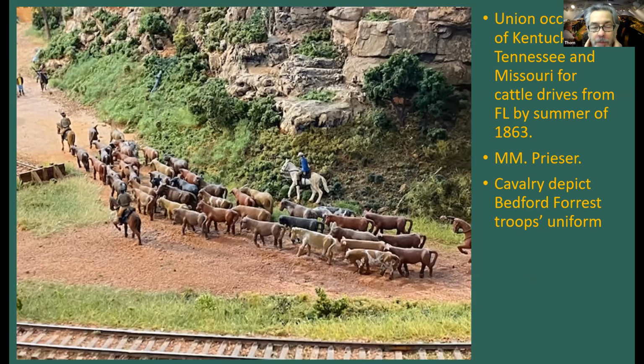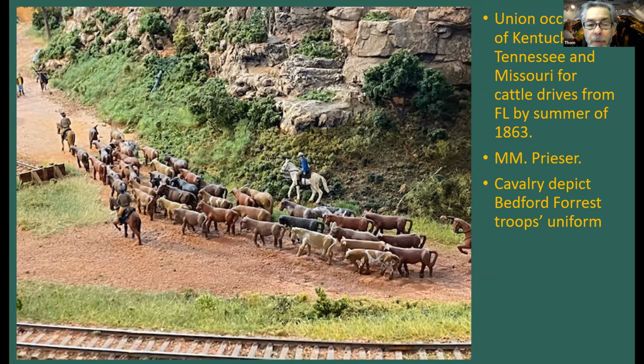This was another interesting tidbit of history: since the Union Army occupied Tennessee and Kentucky, it cut the South off from their beef. Troops were sent to Florida to bring up cattle on little cattle drives. And one of the other cool elements I found out is that Bedford Forrest was quite active around this area.